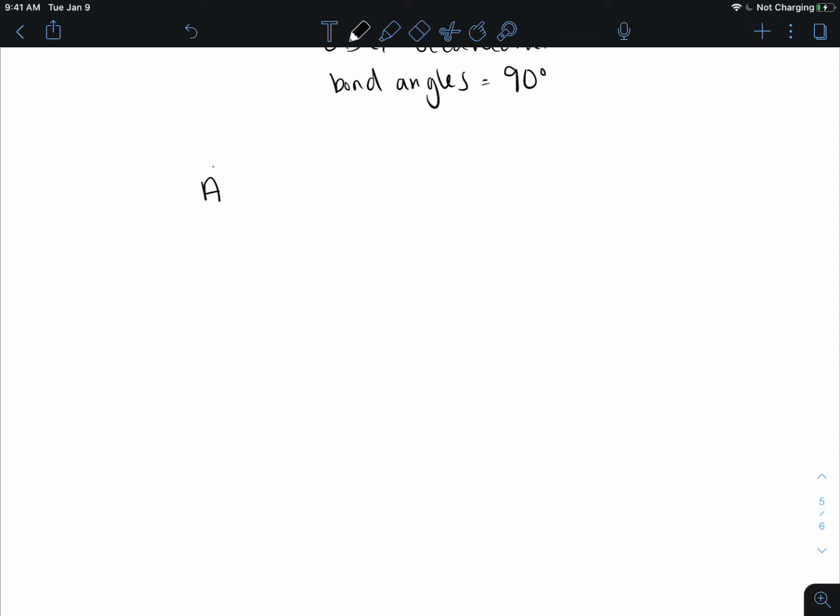All of our sites are equivalent here, at least initially, so it doesn't really matter where we add these. I'm going to draw it in a slightly different way.